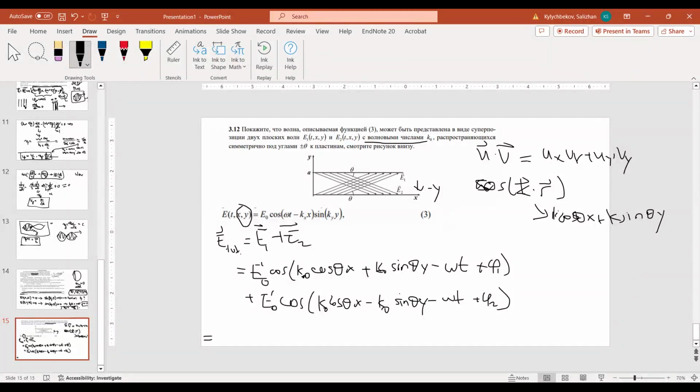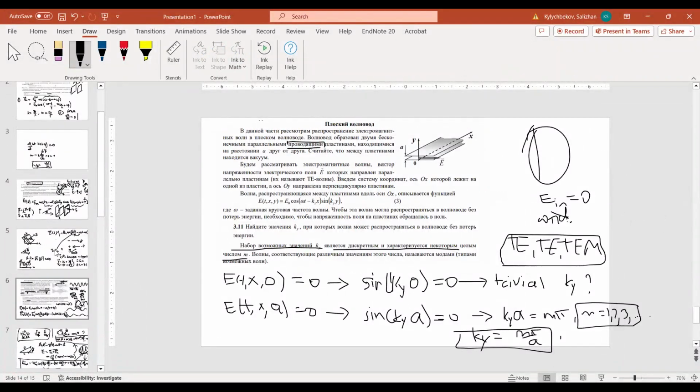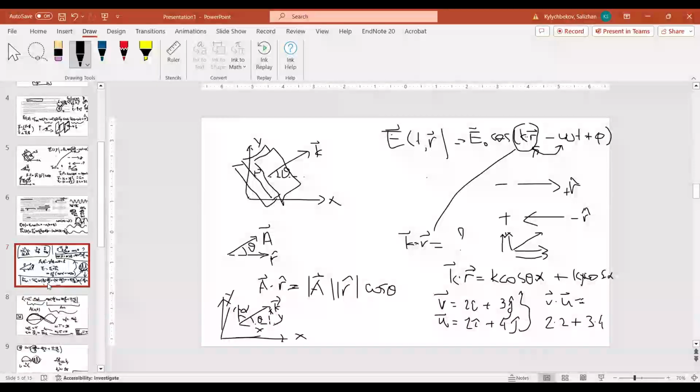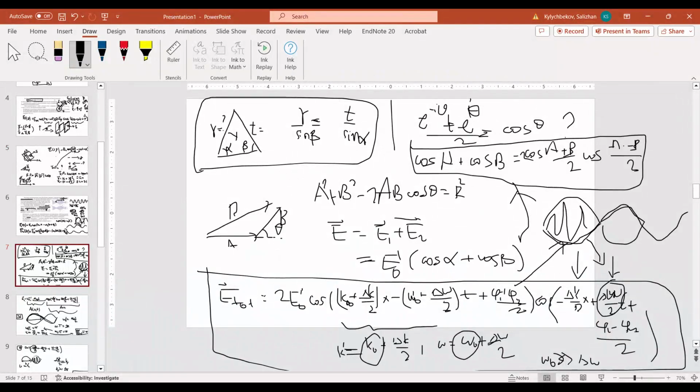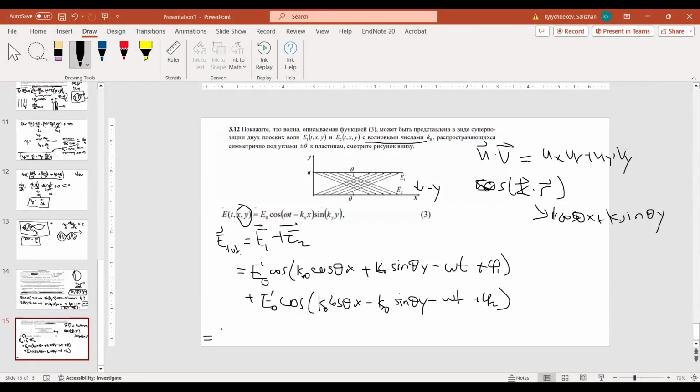Cosine A plus cosine B is 2 cosine of (A plus B) divided by 2, times cosine of (A minus B) divided by 2. Doing that, we get 2 E0 prime. This plus this divided by 2: the omega t terms survive, since plus and minus cancel.